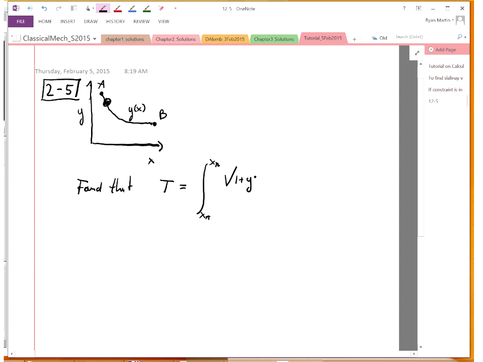In the numerator we have the square root of 1 plus y prime squared, and in the denominator the square root of 2g times ya minus y.